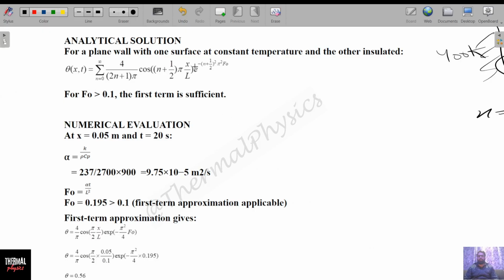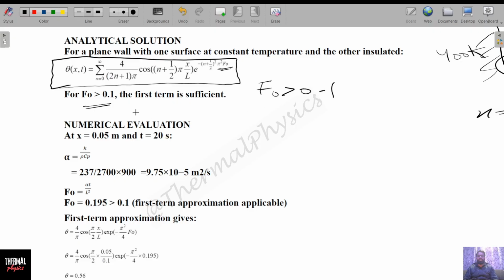Now for a plane wall with one surface at constant temperature, the left side, and the other insulated, when we solve the above governing equation analytically, we get this solution, which is in infinite series form. Here we can see there is a dimensionless number called the Fourier number, and we know from the theory that if this Fourier number is greater than 0.1, we can use the first term approximation.